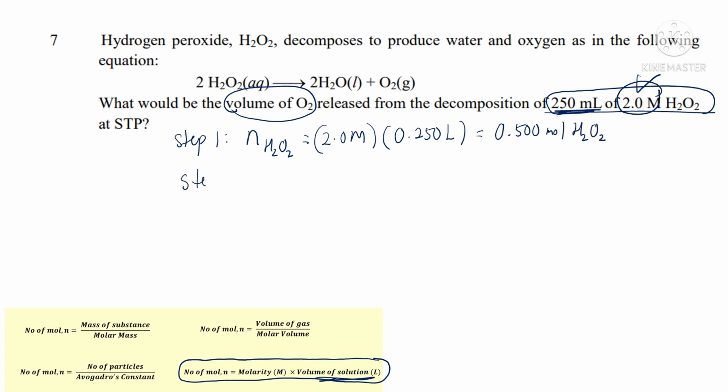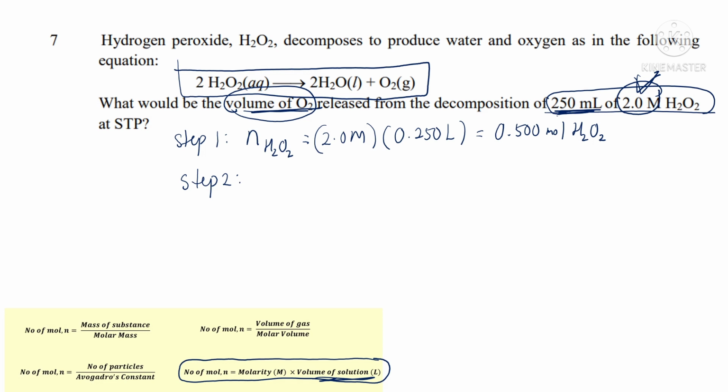Step number 2, we want to find the stoichiometric relationship between hydrogen peroxide and oxygen. Since this is a chemical reaction with a chemical equation, we need to find their stoichiometric relationship in the chemical equation.